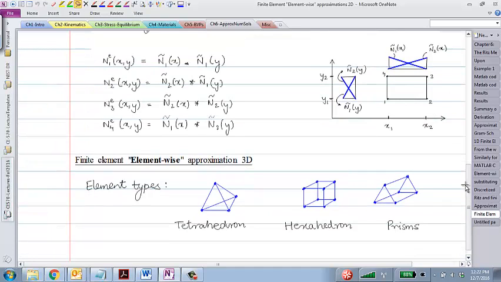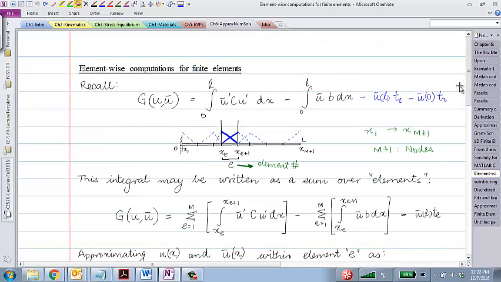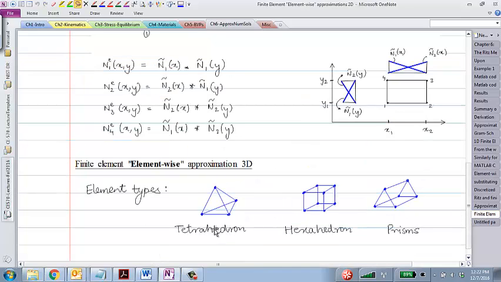The same ideas that we talked about today for 1D finite elements, by doing all of these computations over a particular element, are of course extendable to 2D and 3D as well. And some of the common elements that you would see in 3D, for example, would be tetrahedron, hexahedron, or prism elements.